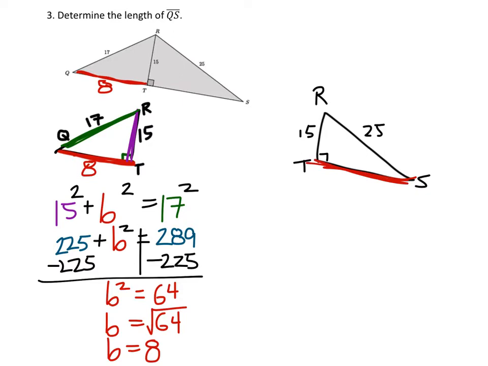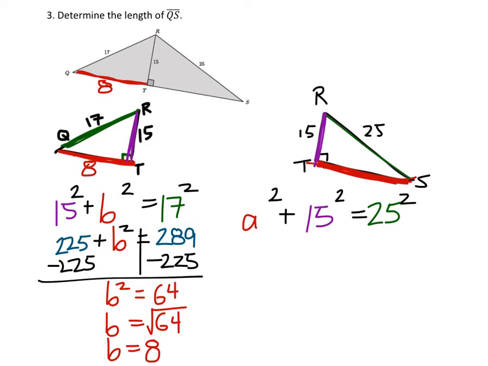So I'll use the Pythagorean Theorem again. I have a leg squared plus the other leg squared should equal the hypotenuse squared. Now the leg that I have right here, TS, I know that's a leg because it makes up that right angle. So I'm going to say that's my unknown. The other leg right here is 15. So the hypotenuse is 25.